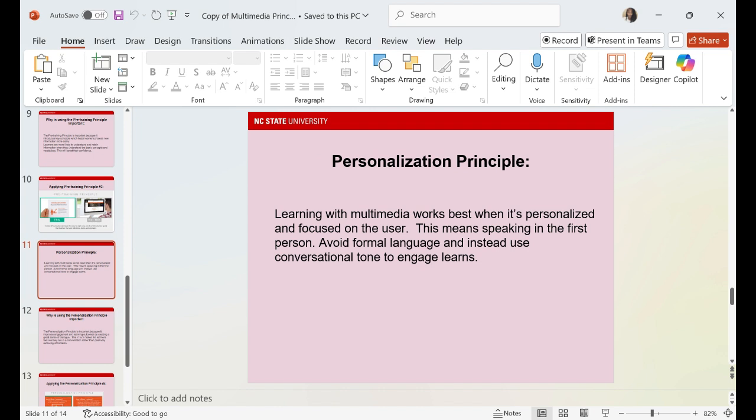So, the personalization principle is the fourth principle. This is learning with multimedia works best when it's personalized and focused on the user. This means speaking in the first person. You want to avoid formal language and instead use a conversational tone to engage learners.